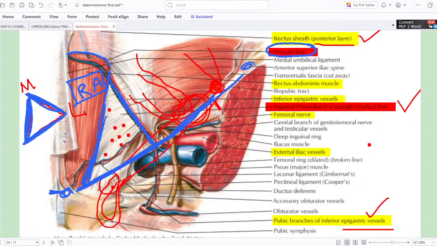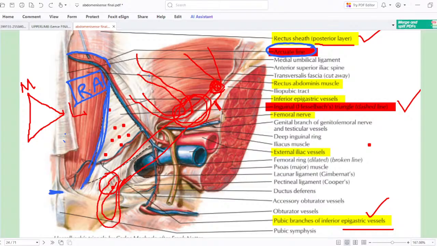Is it medial or lateral? First understand, then you can explain. If you describe the triangle, then you can say its relations.